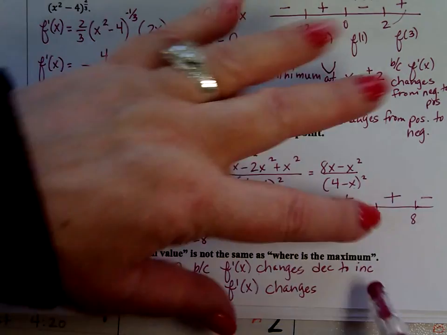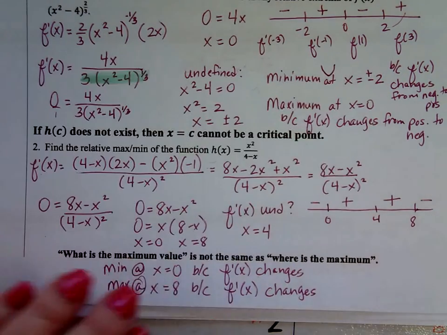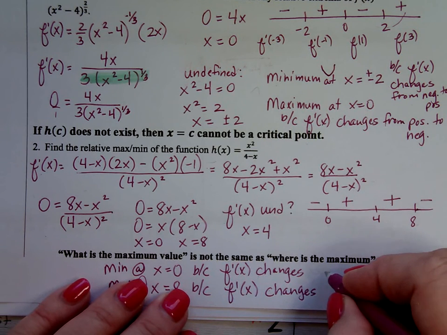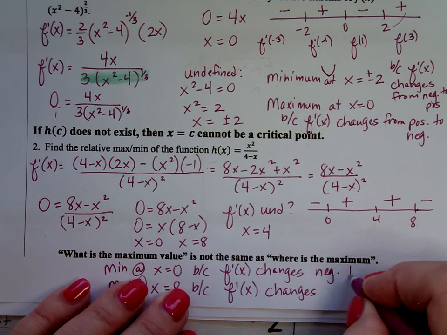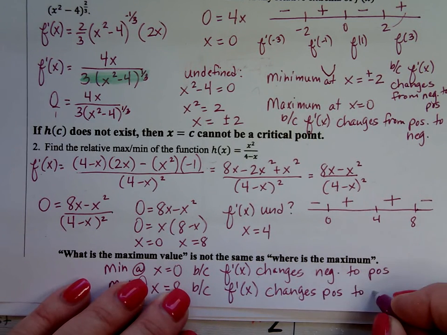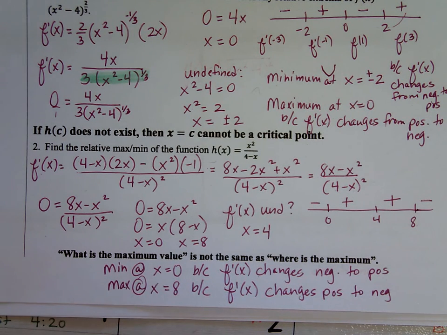But since I'm using the integral notation, let me do it the right way here. So it changes from negative to positive. And this one is positive to negative. Do you see the difference in what I just was talking about? If I say that the function changes from decreasing to increasing, that's fine. But this is talking about the first derivative, and the first derivative is changing from negative to positive. So you have to make sure that your reasoning lines up with what you're asked to do.